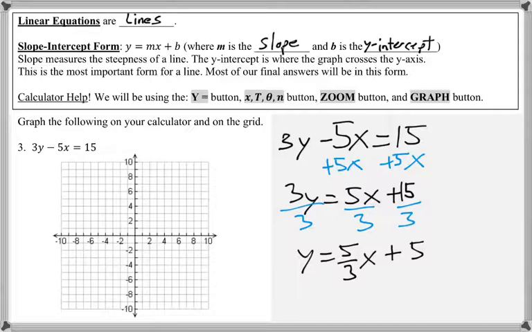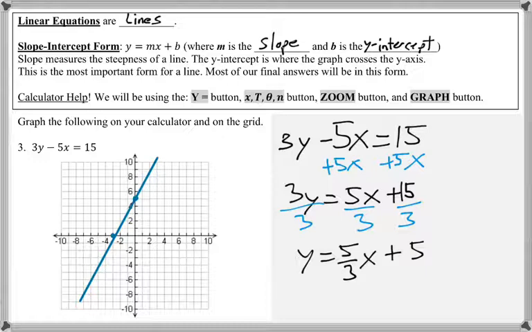So it crosses at -3 and then up at 5. And then let me connect the dots, and that's our line.